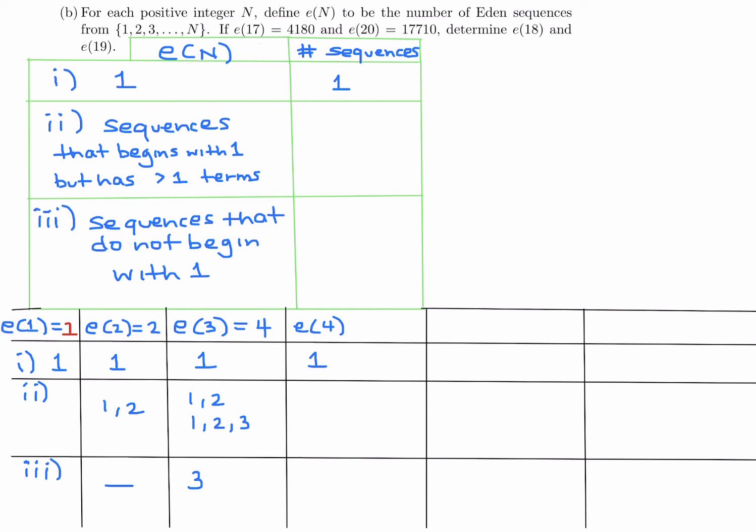This, of course, is always 1. For the next category, 1, 2, 1, 4, 1, 2, 3, and 1, 2, 3, 4. That should do it. And then for the third category, for E_4, 3 and 3, 4. So how many is that? Let's see here. That's 7.